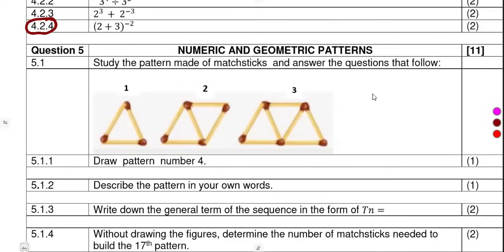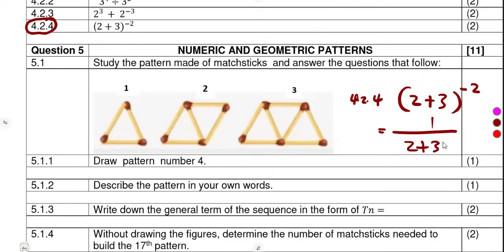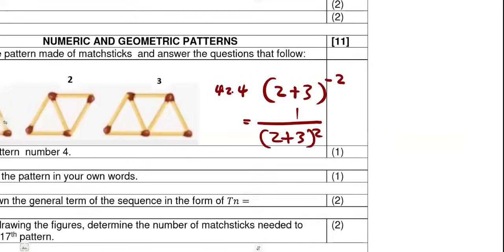4.24, simplify again. That's 4.24. 2 plus 3 to the exponent of negative 2. Remember, a negative, just like the previous case, is 1 over 2 plus 3 to the exponent of what? Of 2. So this is what we have.